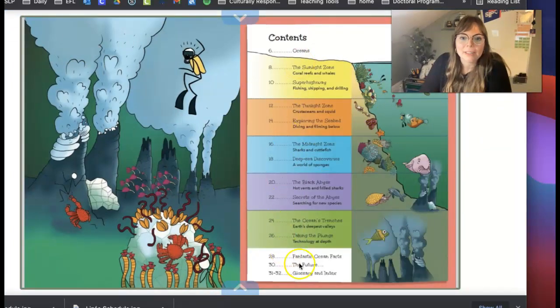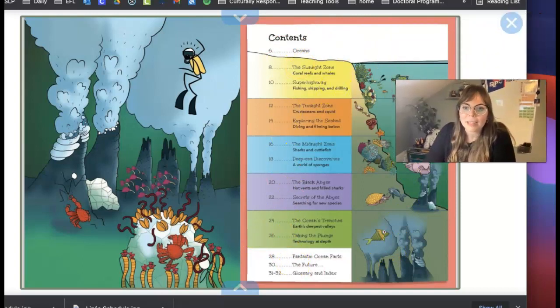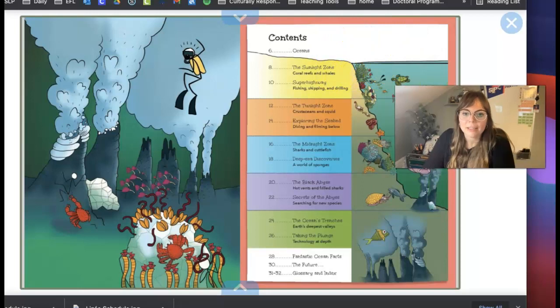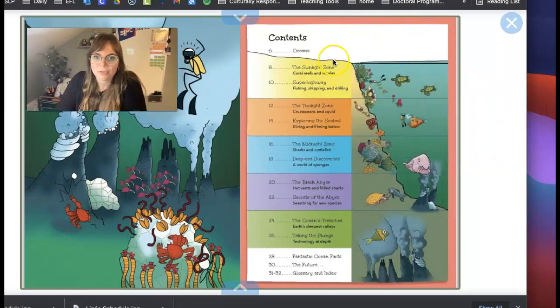Before we start reading, we can look at the table of contents. I really like the way that the author laid out the table of contents along with the pictures to show that we'll learn about the sunlight zone today, pages 8 through 10. We'll learn about the twilight zone, the next level, on pages 12 through 14.